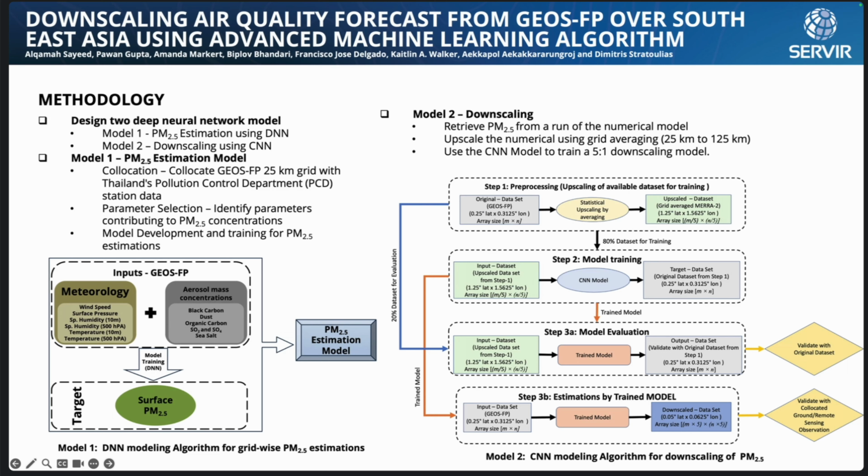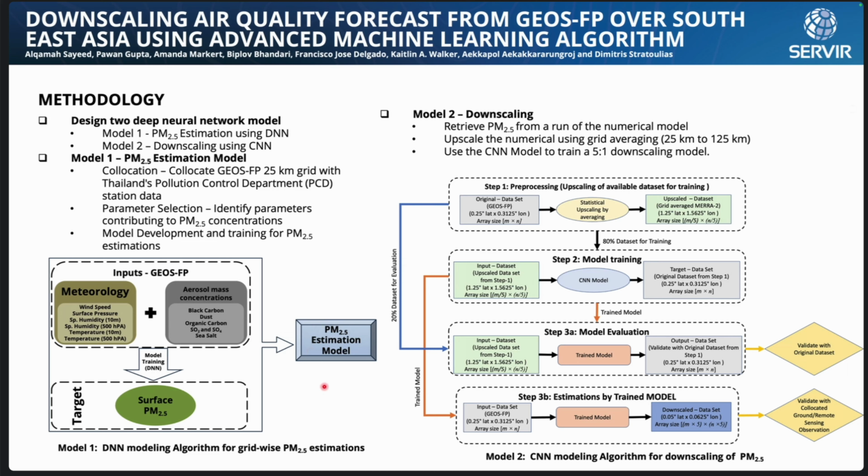In addition, with the aerosol mass concentrations from black carbon, dust, organic carbon, sulfates, and sea salts. So these all go into training the model with the surface measurement from ThaiPCD. We train a deep learning model to get a PM2.5 estimation. This estimation is then used at each grid from the GEOS-FP model to bias correct the PM2.5 forecast.